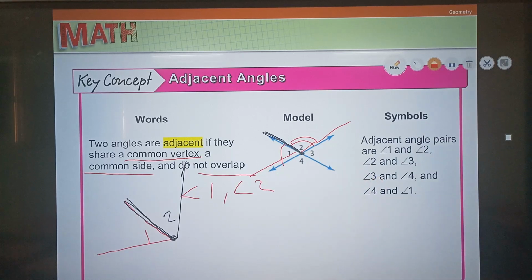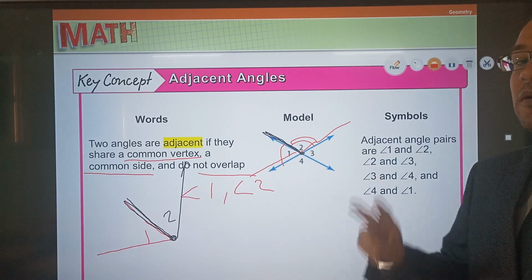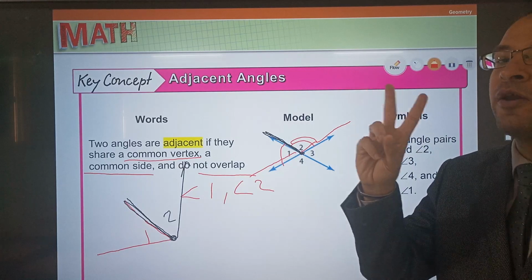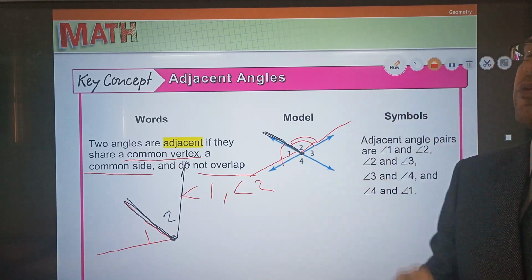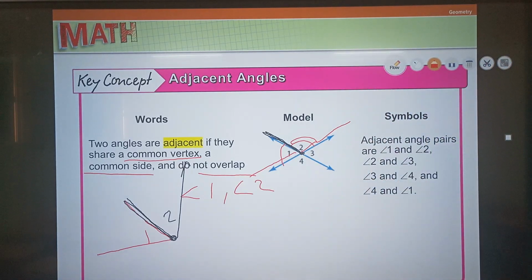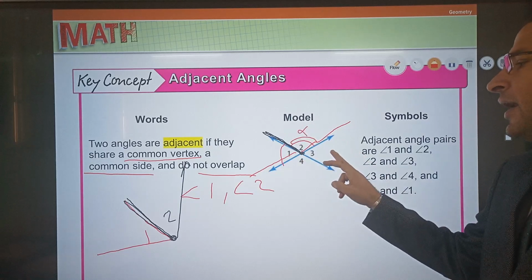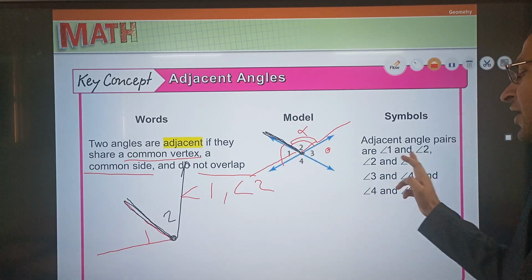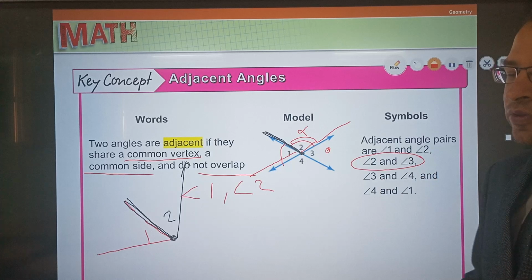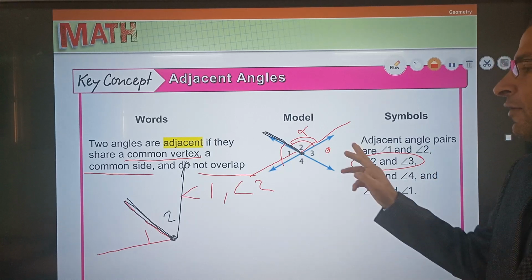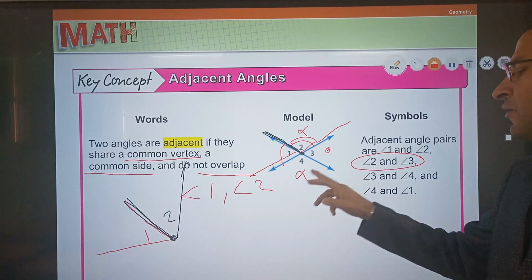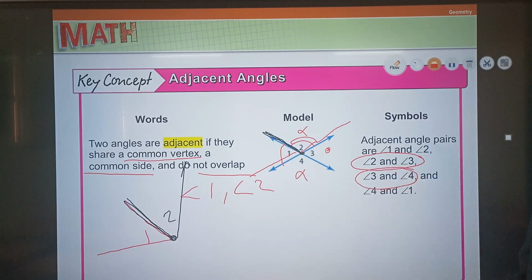Do we have other angles we can call adjacent? We have many pairs of angles. We must have two angles to say they are adjacent, like angle 2 here and angle 3. So angle 2 and angle 3, I can call them adjacent. What else? I have 3 with 4, which I can also call adjacent.